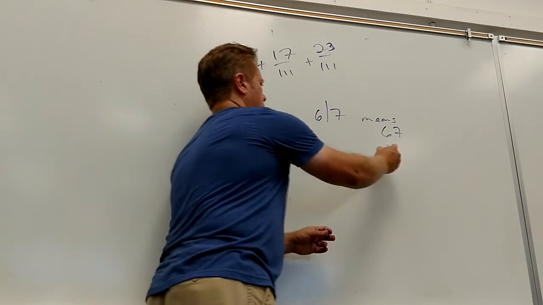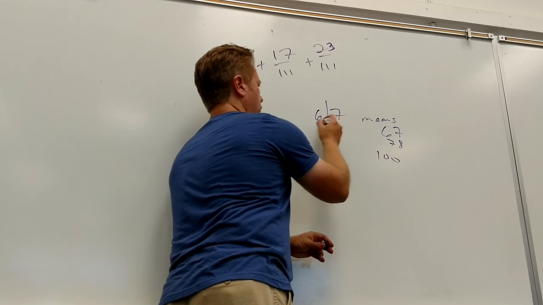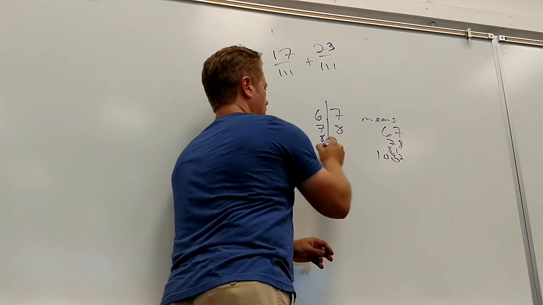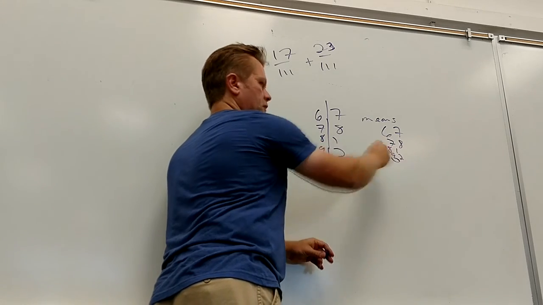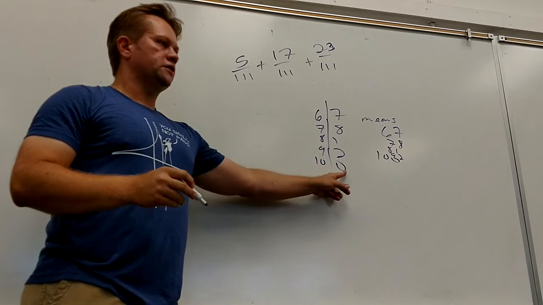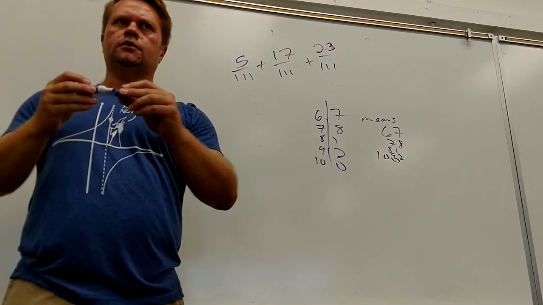So 78 would be 7 | 8, 81 would be 8 | 1, 92 would be 9 | 2. So 100 must be 10 | 0. Yeah, 10 times 10 is 100, plus 0 is 100. Hey, it follows the rule. I like it.